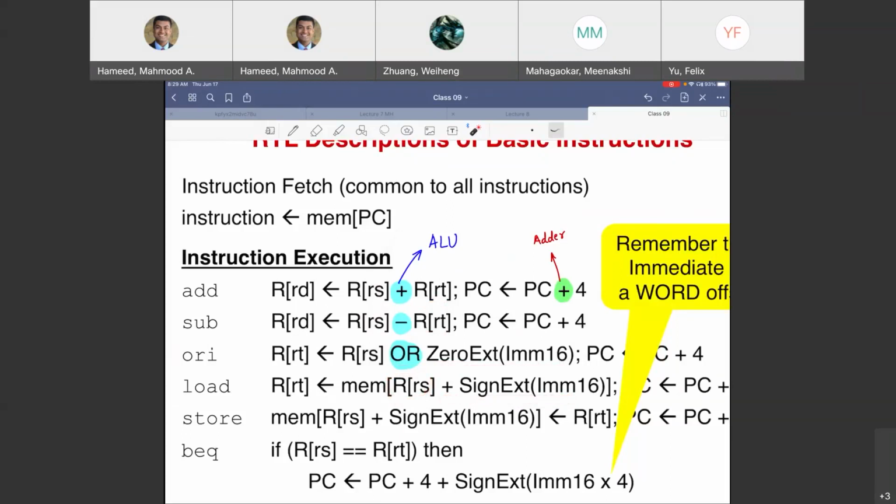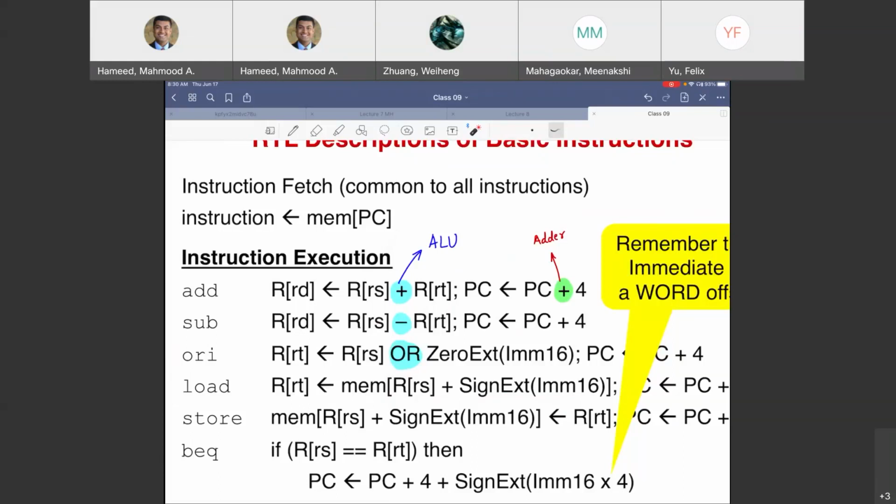So what I'm going to do is this. I'm going to need some hardware to select what goes to the input of the ALU. What hardware will support that? A mux, right? There it is, a mux. I can use a mux and I can call that the ALU input mux, right?